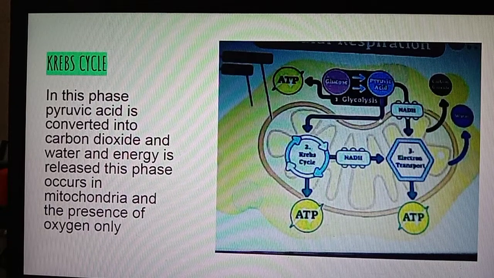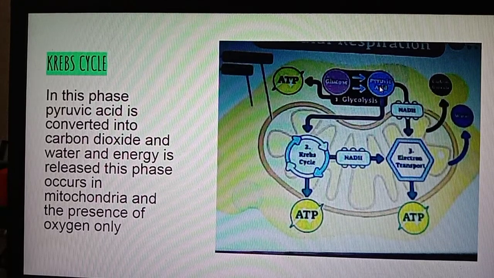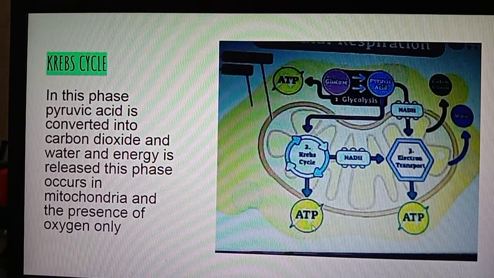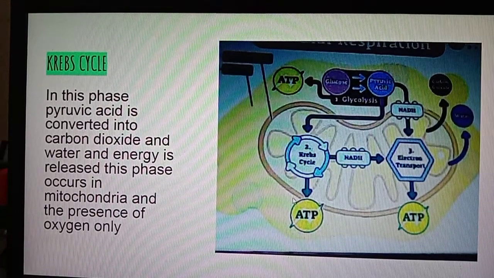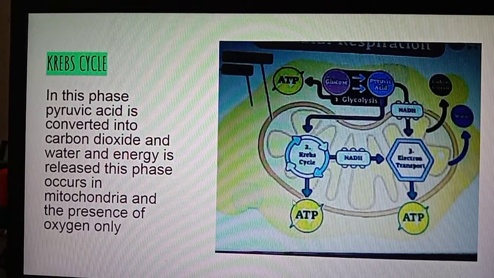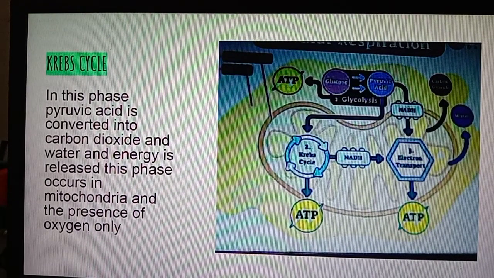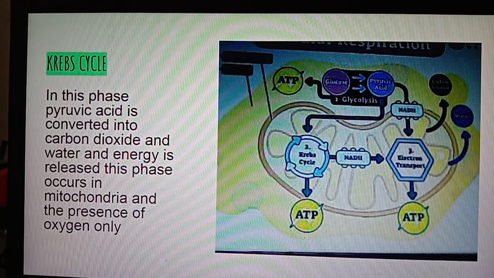So pyruvic acid, which forms after the conversion of glucose in the process of glycolysis, gets converted in the Krebs cycle into carbon dioxide, water, and ATP molecules in the presence of oxygen, and it takes place in the mitochondria of the cell.